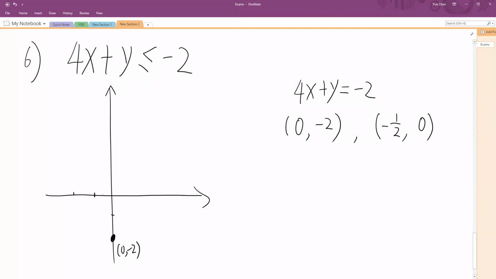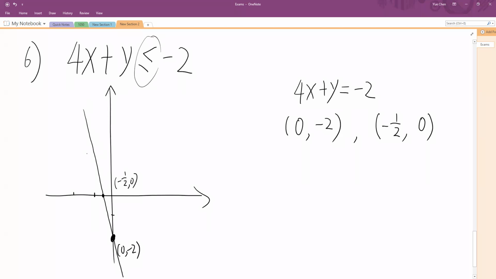This is -1, -1/2 would be here, right? So this is the -1/2, 0 point, right? Then we connect, so do we use the solid line or dash line? Solid because we have the equal sign here, right? So we use the solid line to connect these 2 points.